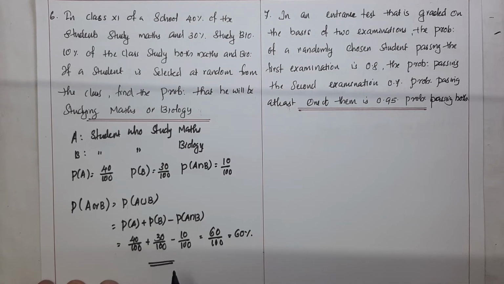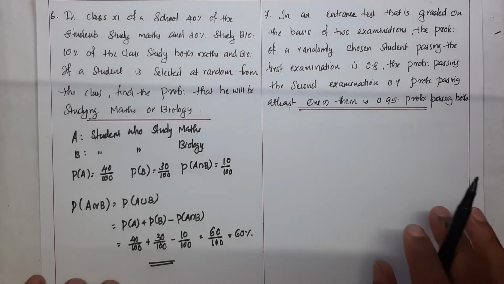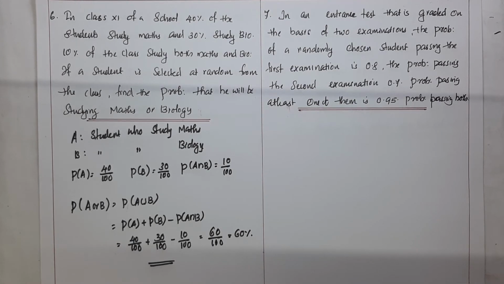So 60% study maths or biology. That's all. It's very simple. First of all, understand the question, then apply the formula.